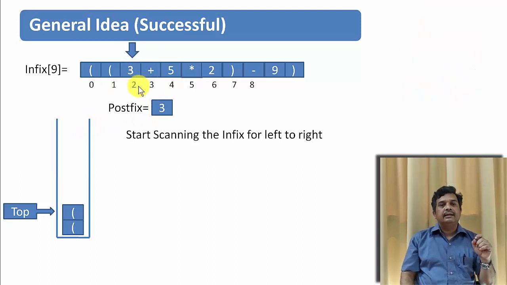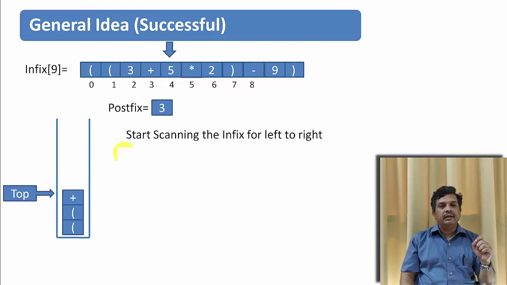The next character is an operator, plus. So I have to push it onto the stack. The next character is a numeric value 5. So I have to write it into the postfix expression. And the next character is an operator, star.